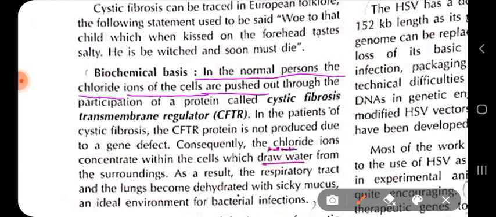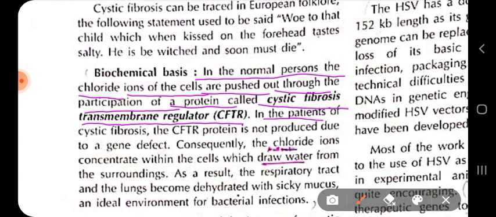are pushed out through the participation of a protein called cystic fibrosis transmembrane regulator. So there is a protein called cystic fibrosis transmembrane regulator which pushes the chloride ion out from the cell.